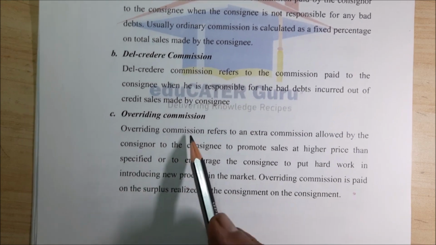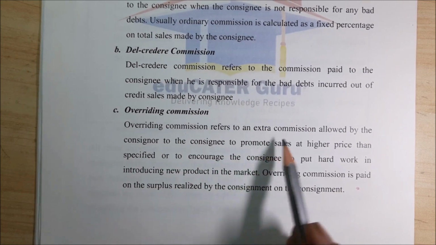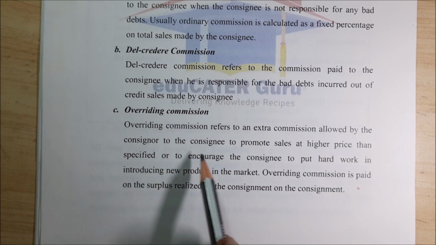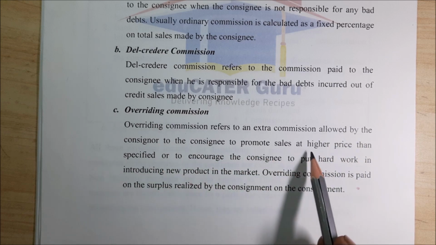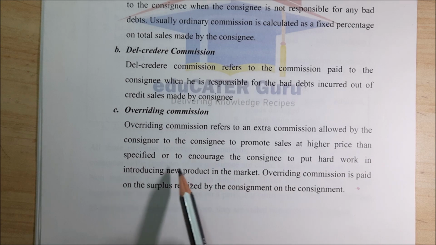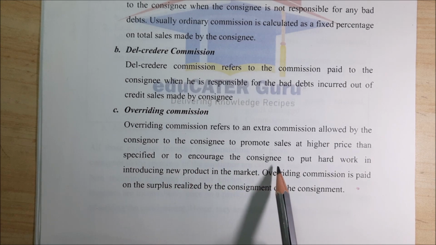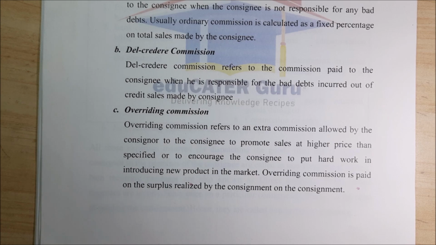Now, overriding commission. Overriding commission refers to an extra commission allowed by the consignor to the consignee to promote sales at a higher price than specified, or to encourage the consignee. Earlier I told you, in the pro forma invoice, that is the stock reserve, 100 rupees and 125. Say you are an extraordinary person and you sell at 130 rupees. You are supposed to sell at 125, but you sell for 130 rupees.